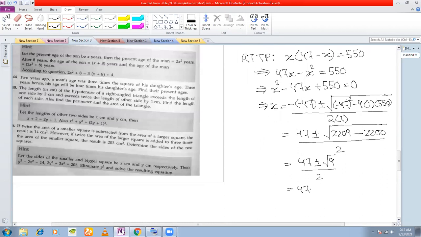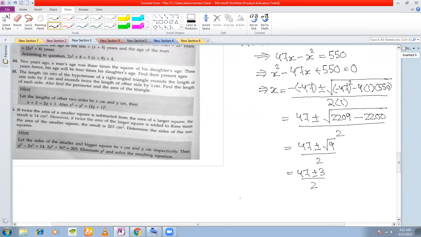So 47 plus or minus 3 divided by 2. So you take positive sign. x is equal to 47 plus 3 divided by 2, which is 50 divided by 2, which is 25.